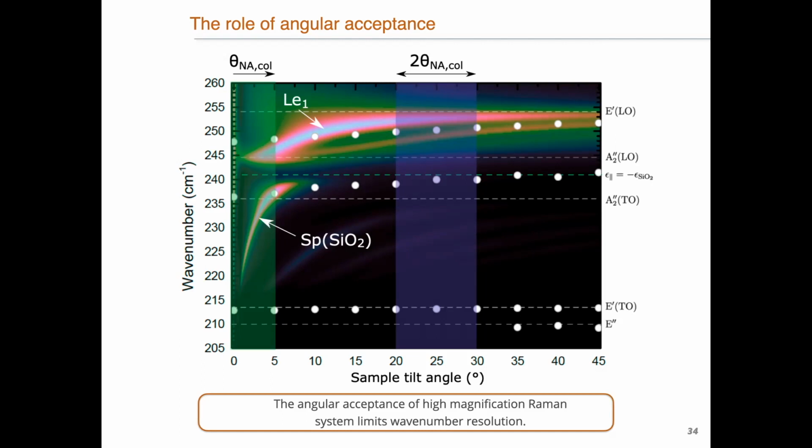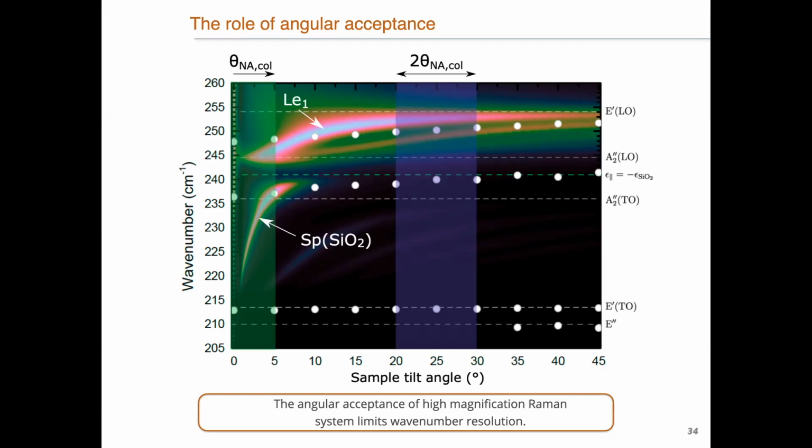Naturally, there are different ways to limit this problem, but if we work at high angle, it is not that huge because the dispersion is rather small. It's when we look close to zero, where the dispersion is much more important, that this angular acceptance is a little bit more problematic.